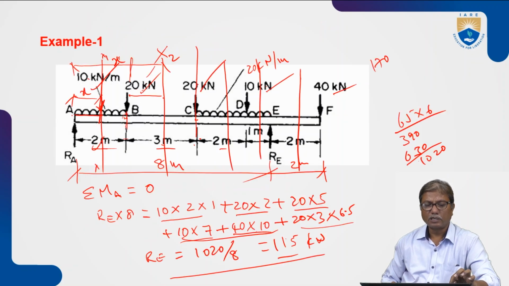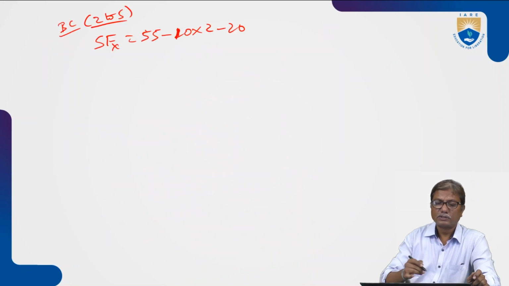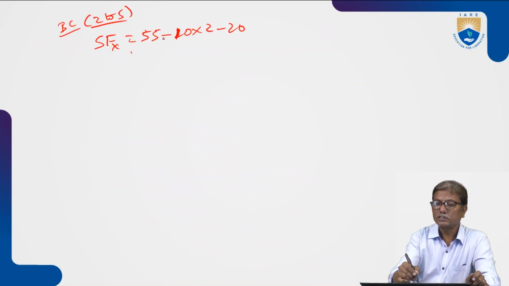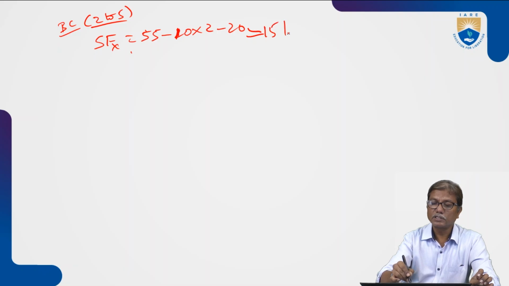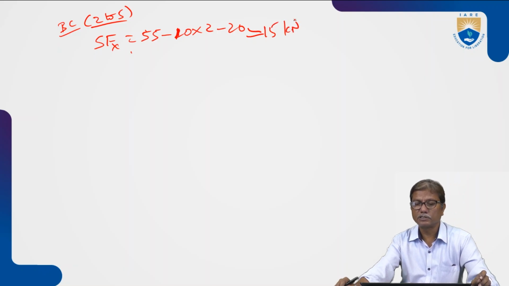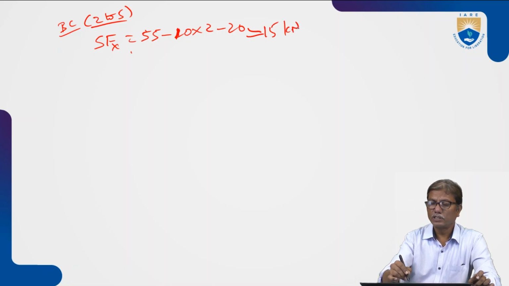So you consider here RA minus 10 into 2 minus 20. Okay? Understand? And what is the result of this? 55 minus 40, that is 15 kilonewtons is the shear force. And this is positive. Okay?